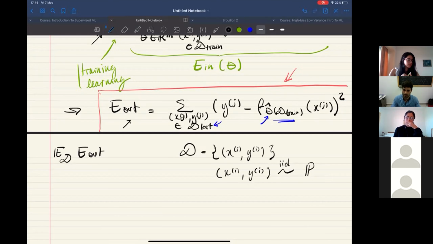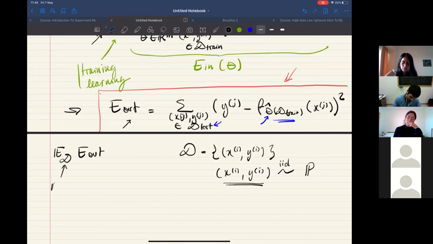I don't care. It exists. It may be extremely complicated. And what I concretely mean by this expectation is an average over the probability distribution of all these samples in the data.